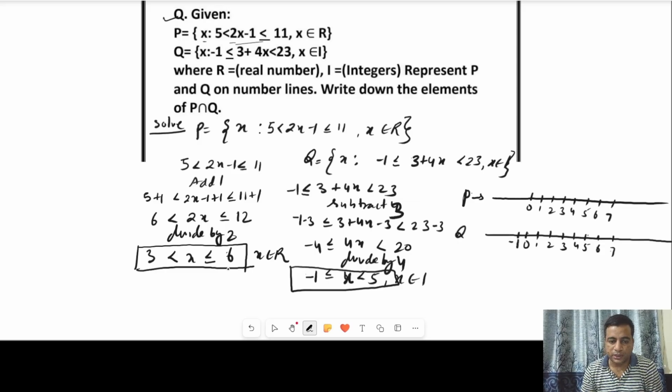So the solution of P is x greater than 3 and less than or equal to 6, and x is a real number. Greater than 3 means 3 is excluded, and less than or equal to 6 means 6 is included. It's all the real numbers.